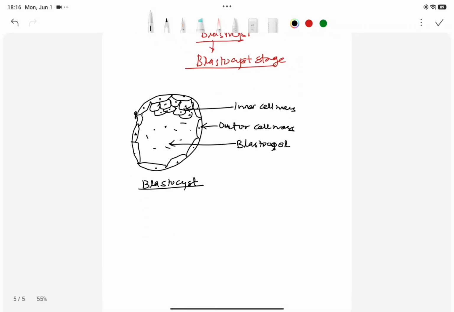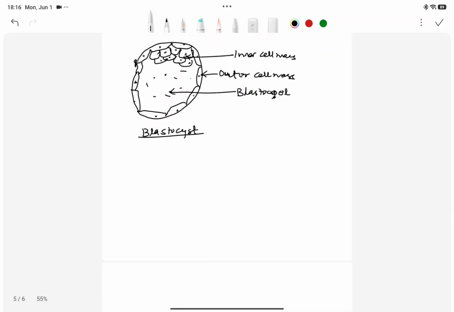So around the 4th to 5th day, 4 to 5 days after fertilization, the blastocyst is formed.